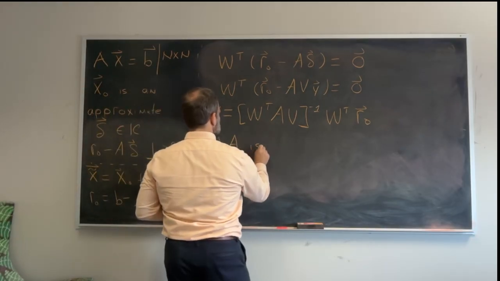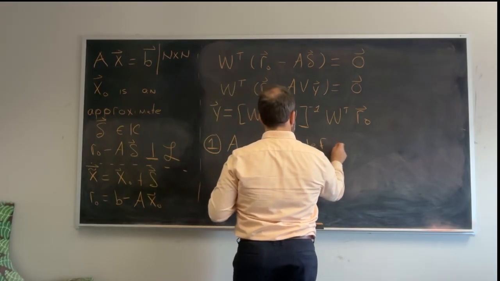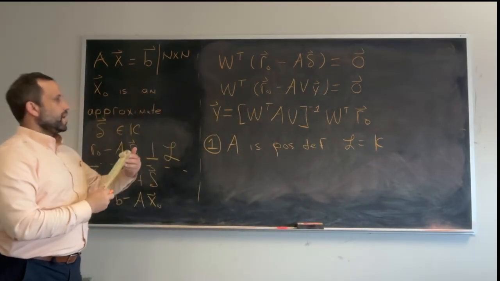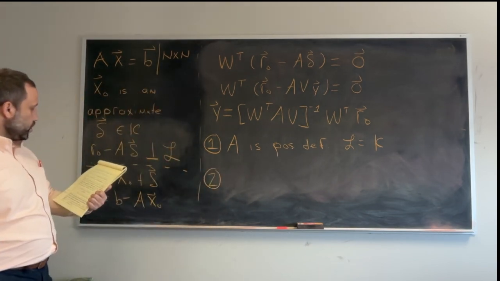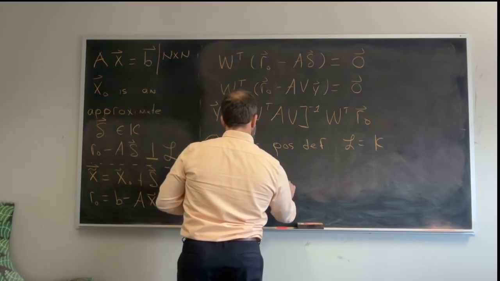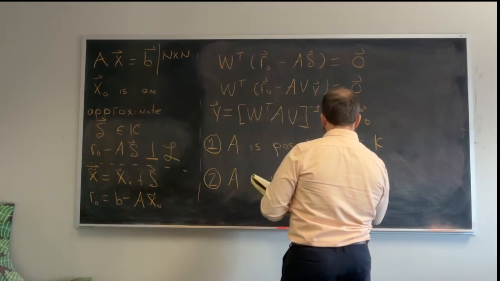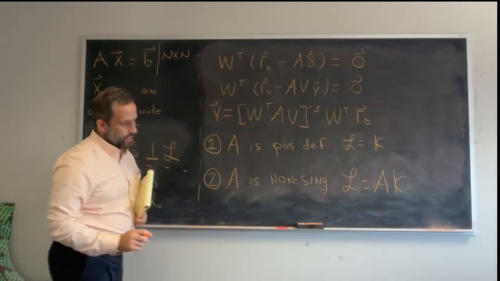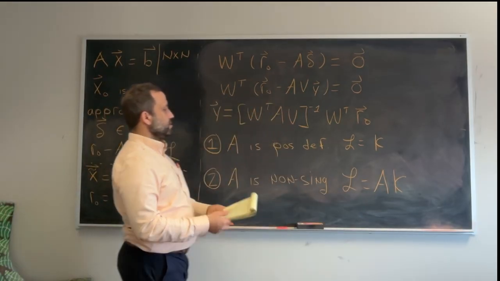One, A is positive definite and L is equal to K. Or two, A is non-singular, and L is equal to the image of K under A. In other words, we look at every vector in K, multiply it by A, and that gives us a new subspace.